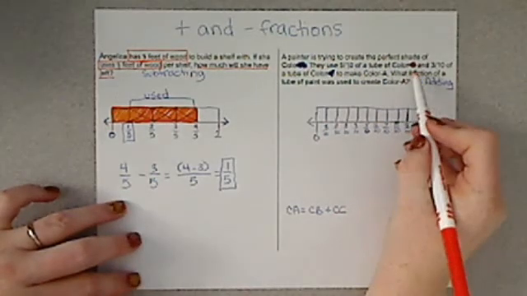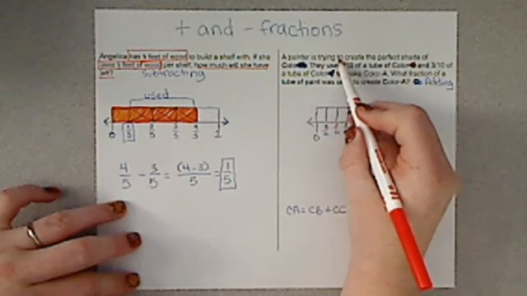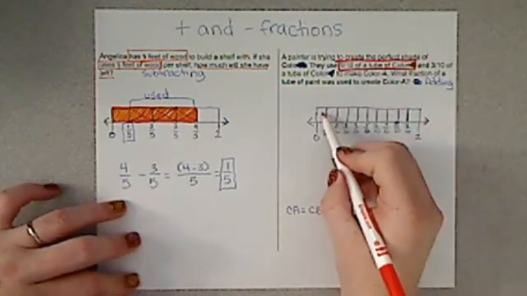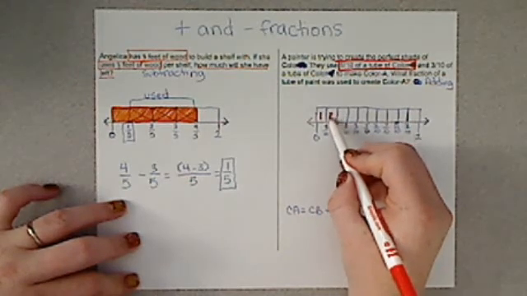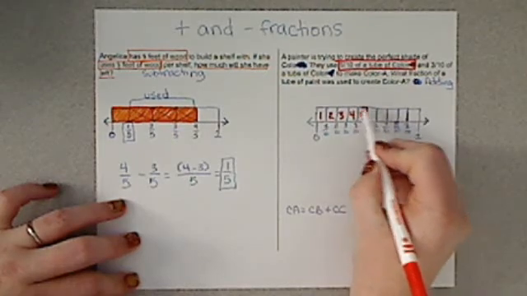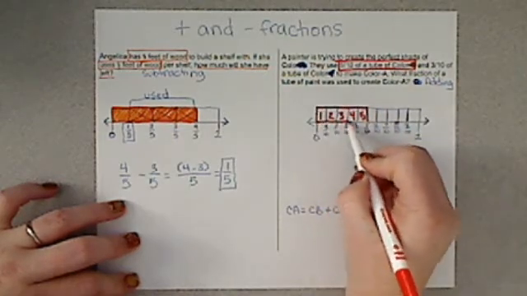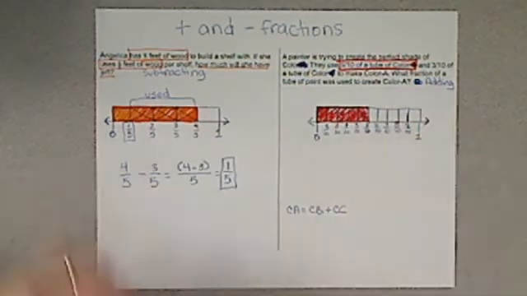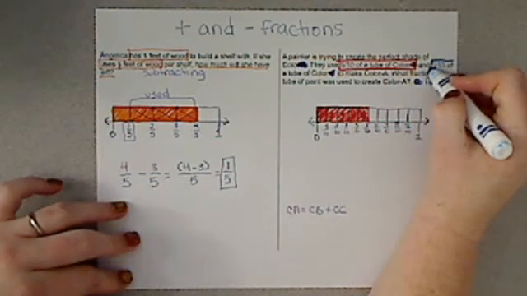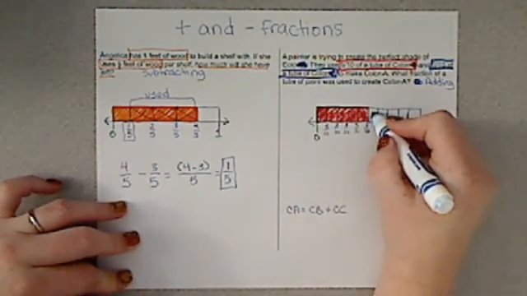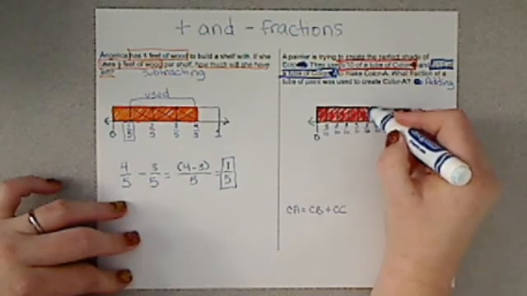So color B, they use 5/10 of a tube of color B. So there's 1/10, 2/10, 3/10, 4/10, 5/10. So I can just come in here and shade those. And then of color C, they used 3/10 of a tube. So there's 1, 2, 3/10.